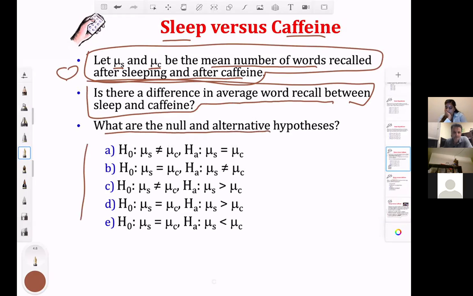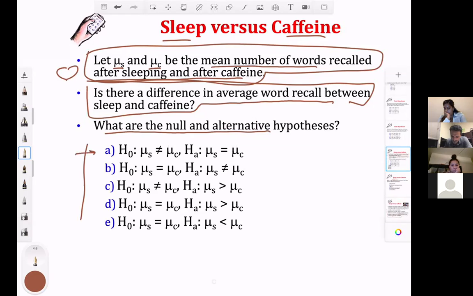Which one is the null and alternative hypothesis? Wait, do we have to say is A no, is B no, is C no, is D no, and is E no, for all of them, or only one? No. You just need to pick.